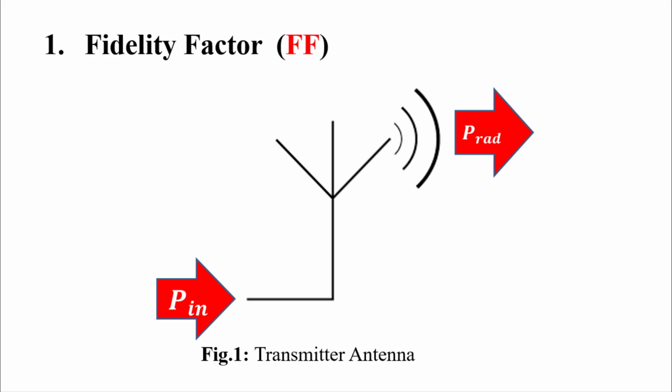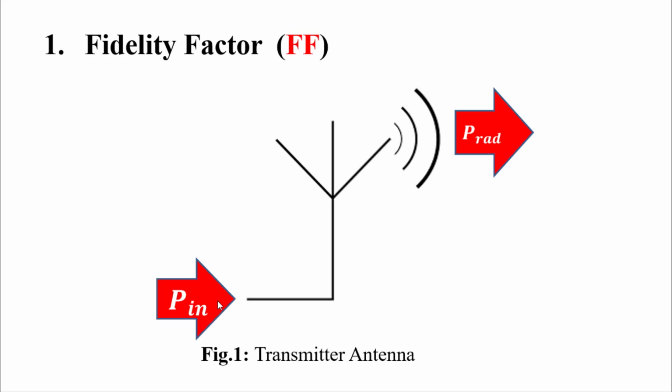We have the input power given by the source, and we have the radiated power by the antenna. Fidelity factor compares P radiated and P input of our transmitter antenna.